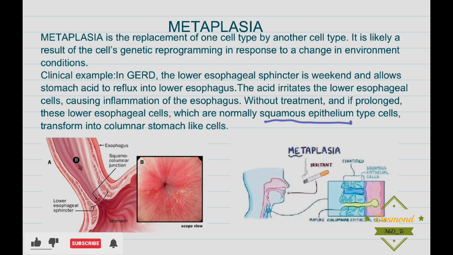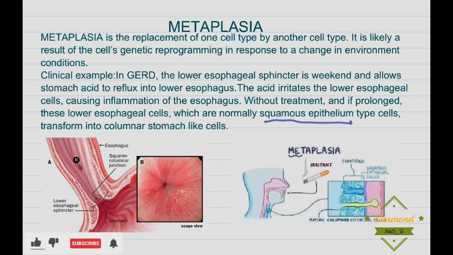Now, when this acid is there for a very long time and not being treated, these lower esophageal cells, which are squamous epithelium cells, the normal cells, start to change to columnar stomach-like cells. And this is an example of metaplasia.